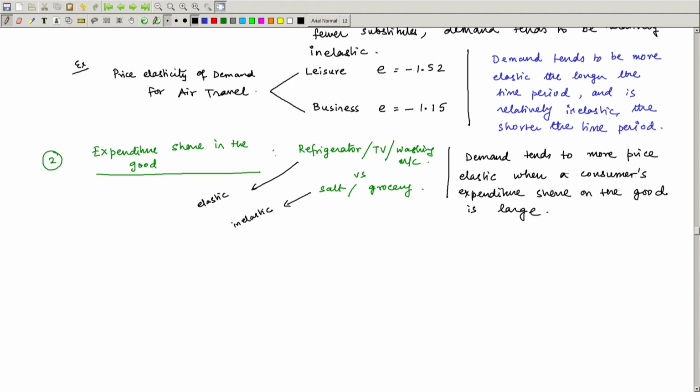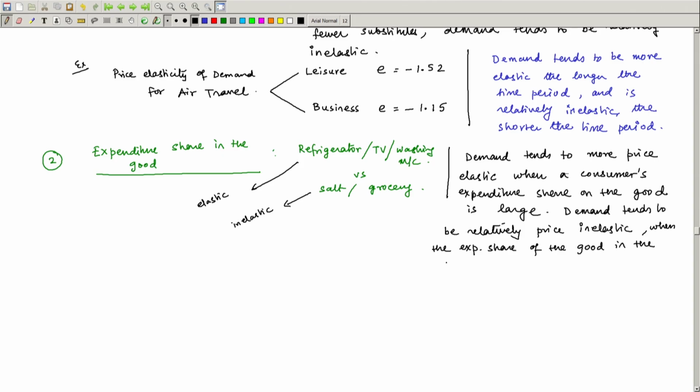Demand tends to be relatively price inelastic when the expenditure share of the good in the consumer's total budget is relatively small.